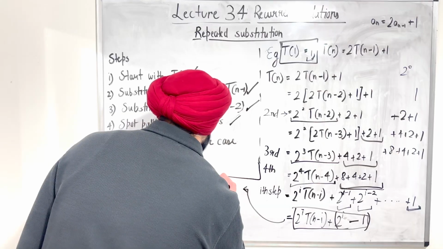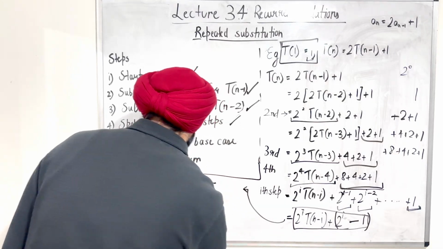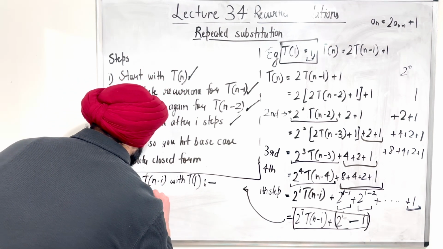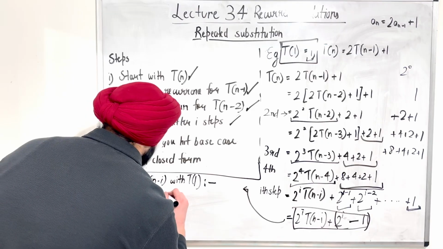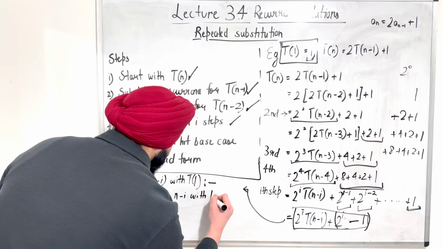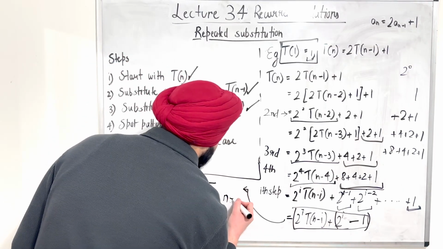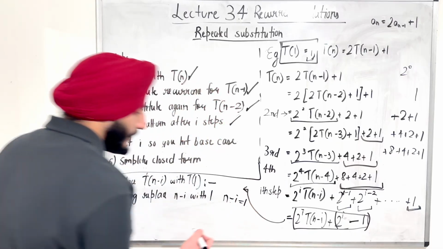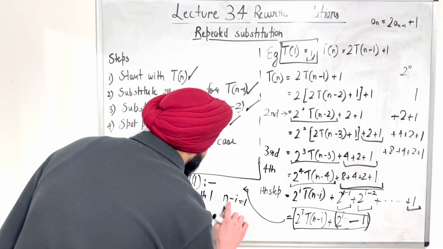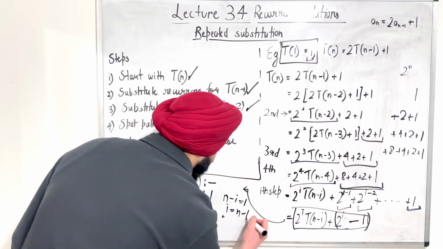So you get n minus i, and I would have to set n minus i equal to 1. So you get i equal to n minus 1.